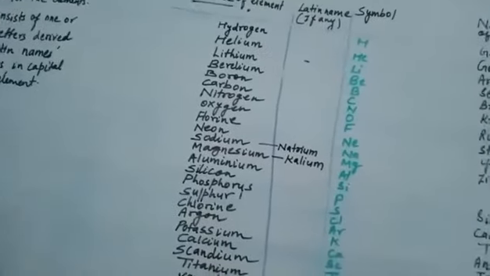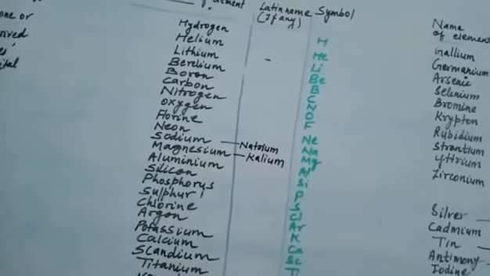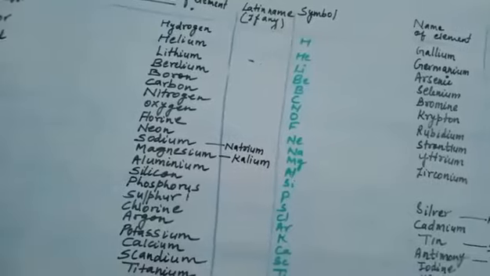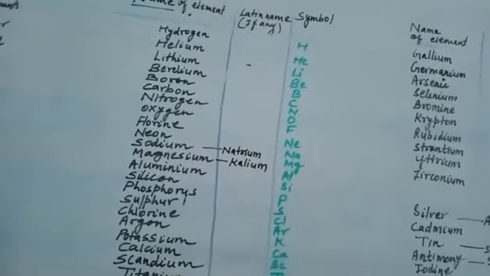Now you would be knowing the names of the elements were derived in those days from where it was isolated or found first time, and some of the names were derived from the Latin word also. So it was like that.